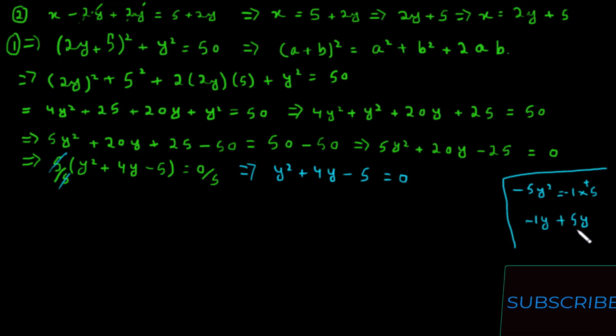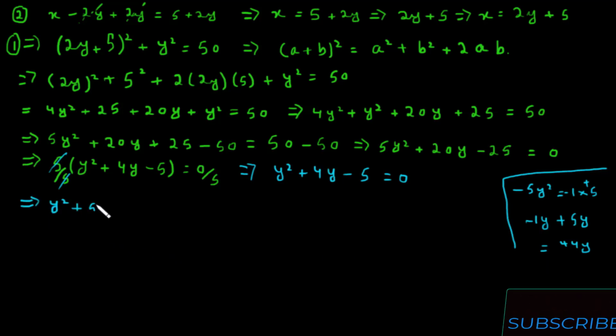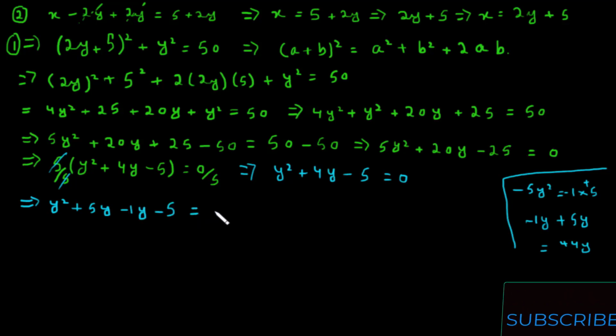By adding these, I can get plus 4y. So this is the middle term. You have to assign plus and minus symbols according to this middle term. So here I can write it as y squared plus 5y minus 1y minus 5 is equal to 0.